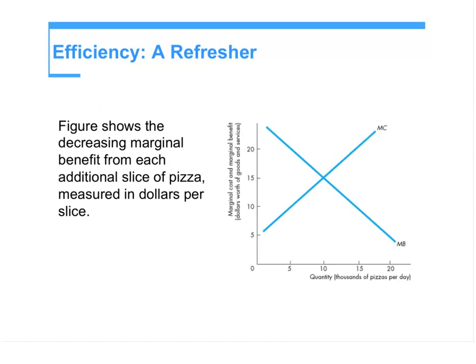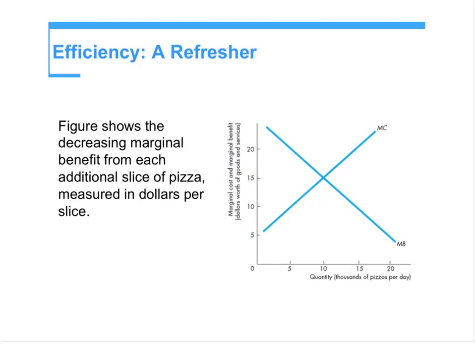So, efficiency. This figure shows the decreasing marginal benefit from each additional slice of pizza, measured in dollars. As you can see, you have marginal cost and then the quantity.